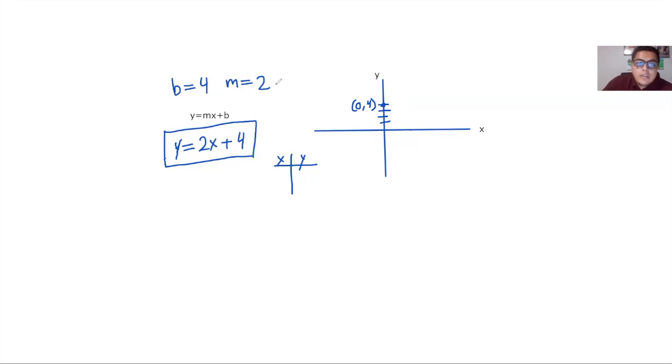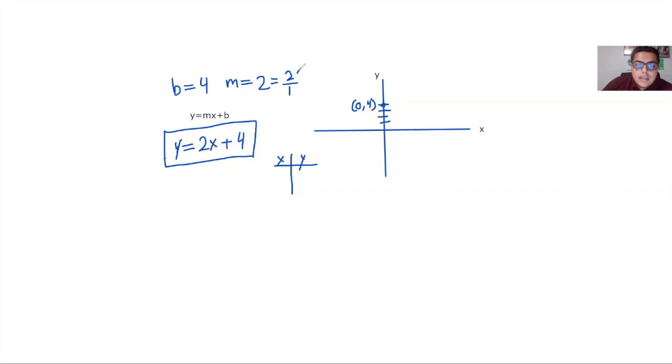Then we can look at our slope. If we remember what our slope is, it is rise over run. To make it a little more simple, we can just write it in fraction form, which is 2 over 1.